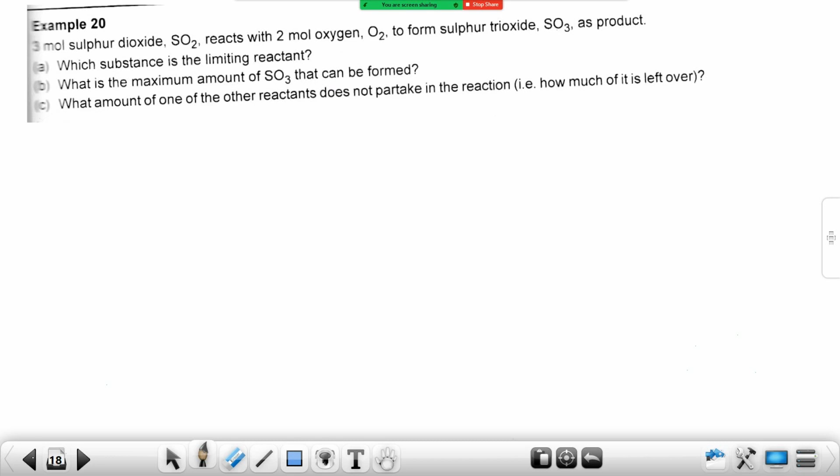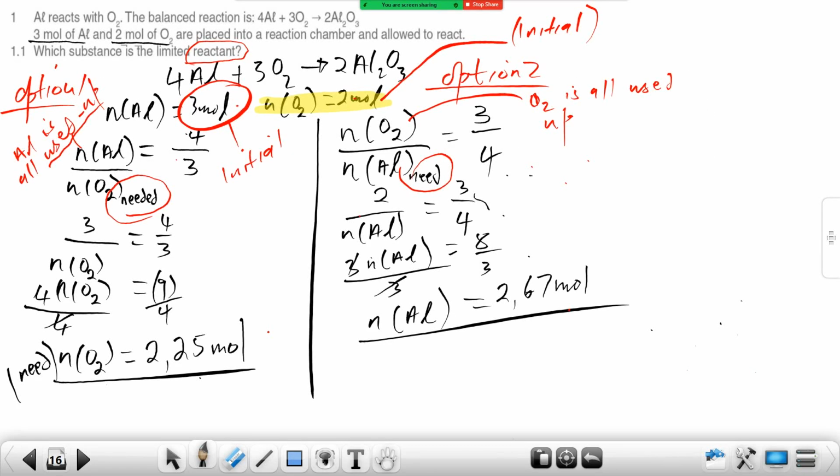So I start with 3 moles of aluminium and 2 moles of oxygen. Nice question. Which one is the limiting reactant? We all know we are going to produce aluminium oxide, and we all know the balanced chemical equation is there.